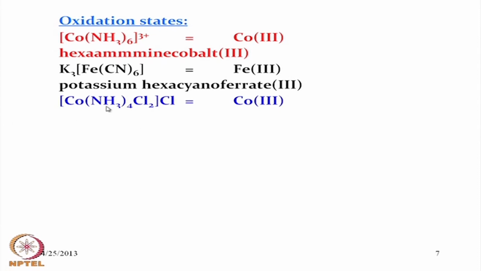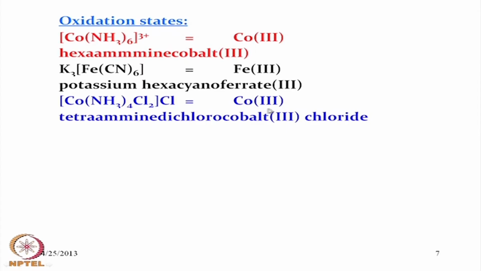Similarly, when we have mixed ligands, instead of 6 ammine ligands we can have 4 ammine and 2 chlorine inside, and assignment of the oxidation state of the metal center is important. Since 4 of these ammine groups are present, we get the ligand as tetraammine. Alphabetically, we write A first, then dichlorocobalt(III) chloride.